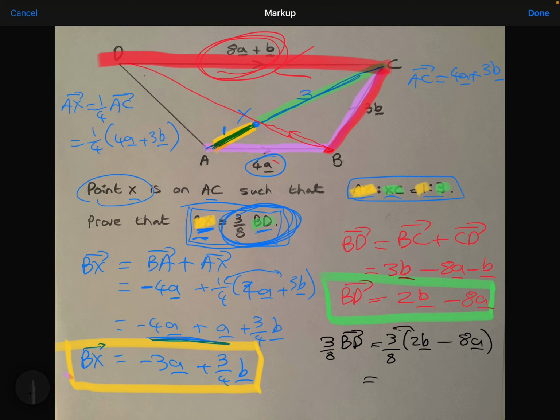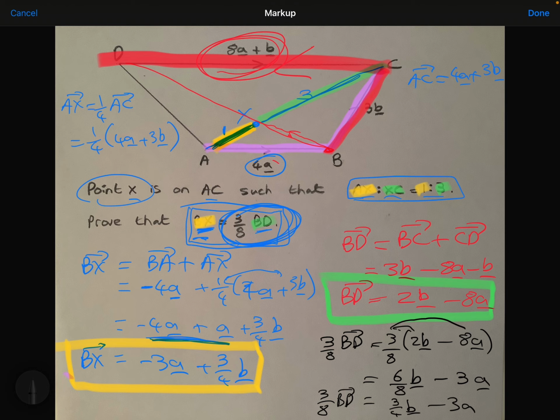The 3/8 times 2B is 6/8 of B. The 3/8 times minus 8A will be minus 3A. And I can simplify this a little bit, because obviously the 6/8 is the same thing as 3/4. So this is my 3/8 of BD.